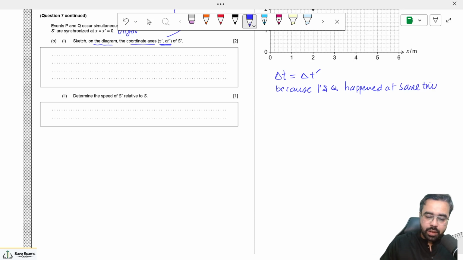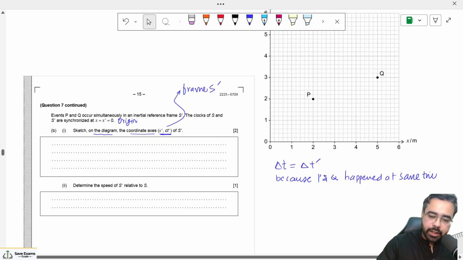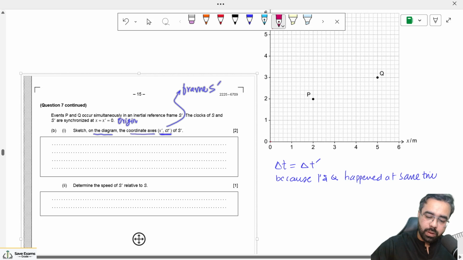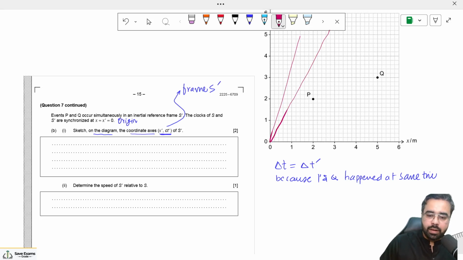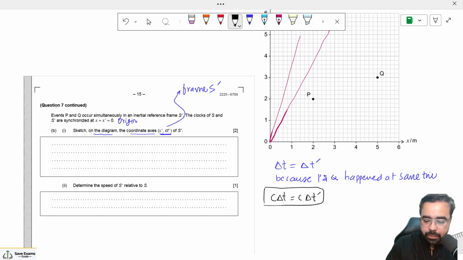But the next problem is that now we don't know what line I should draw, because whatever line I draw, I will get the same point. If the two events are happening at the same time, to find the value of c delta t prime, please listen to me carefully, I want to know the value of c delta t prime, because c delta t is equal to c delta t prime. These both are equal because they happen at the same time.